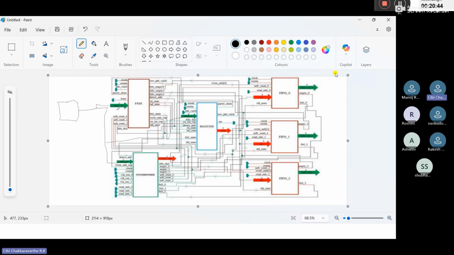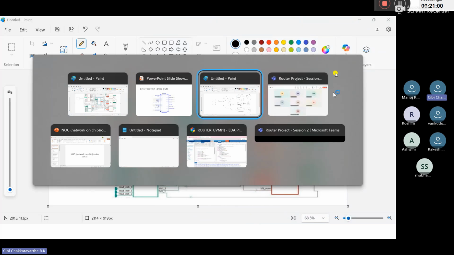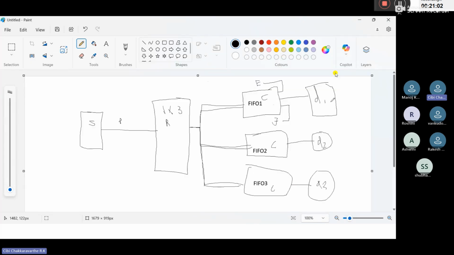Actually, see here, the busy signal will come from the FIFO only. So the destination will not tell that it is busy. The destination will have a connection only with the FIFO, as we see in this diagram. So this FIFO will take care of it.